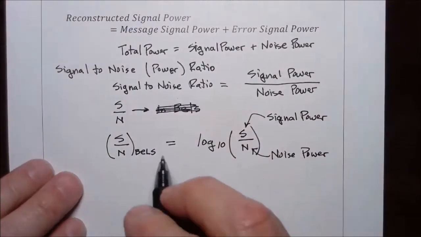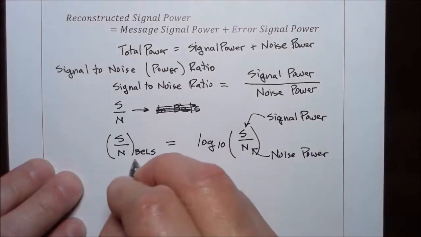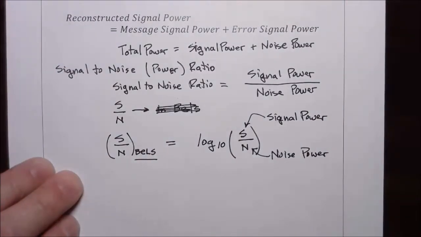This will give the signal to noise ratio in units called bels.